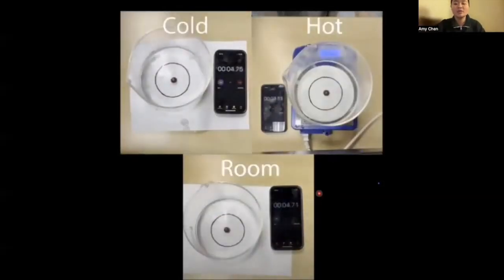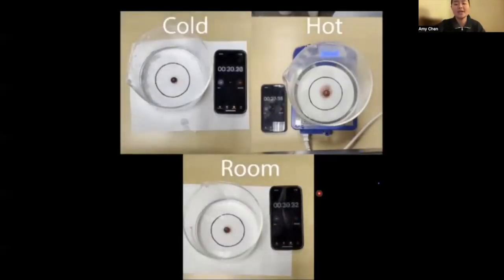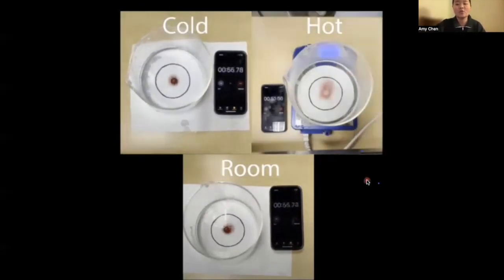experiment. Once the setup is complete, we record the temperature of the water with a thermometer, and when ready, we drop the Skittle into the water and start the timer. Here's a side-by-side comparison of the diffusion at the three temperatures. At the top right here, we have the hot temperature, and you can see just how fast the dye comes off of the Skittle.